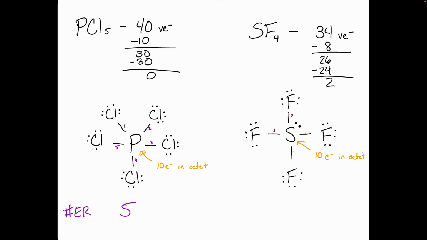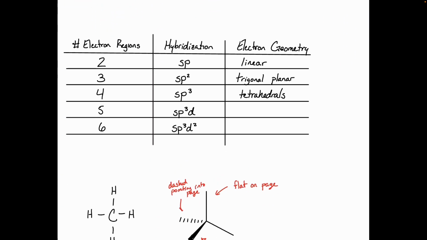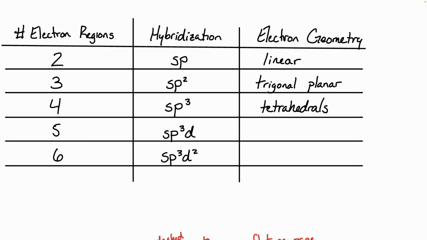And my 1, 2, 3, 4 bonds, but then that lone pair. Both of these have 5 electron regions. All right, so the electron geometry for a molecule with 5 electron regions is what's called the trigonal bipyramidal.